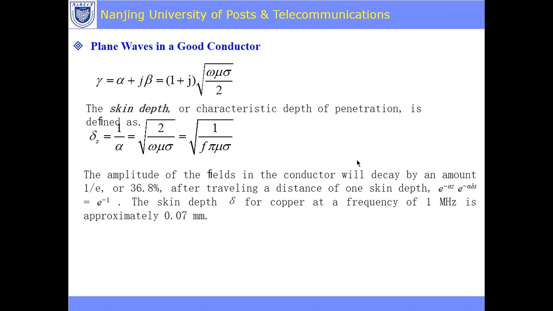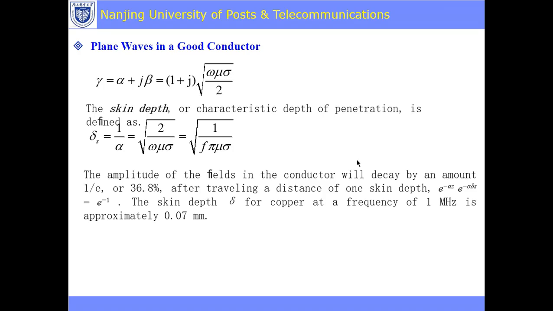For a material like copper, which has a high conductivity, it is very hard for the wave to penetrate. It will be attenuated quickly, shortly. That process is called skin depth.